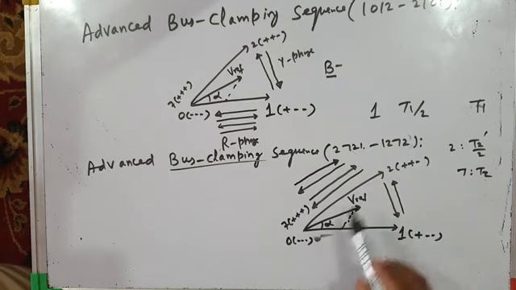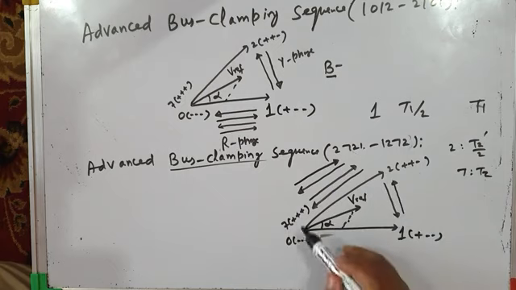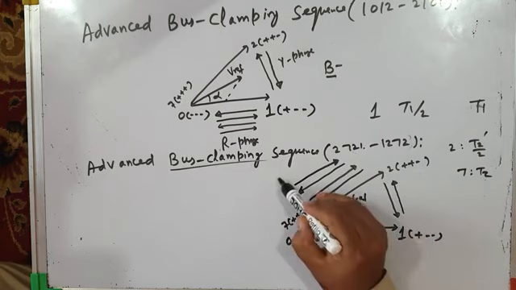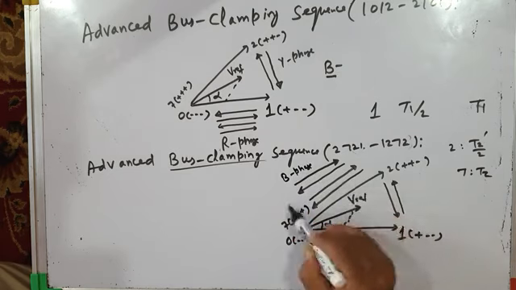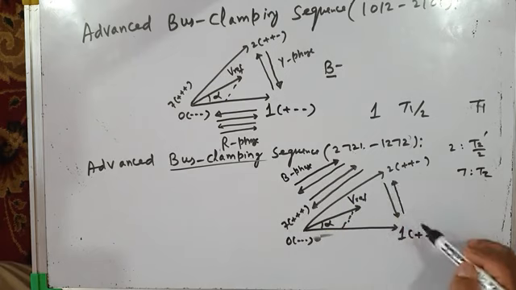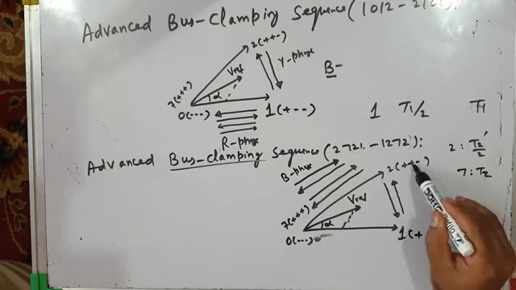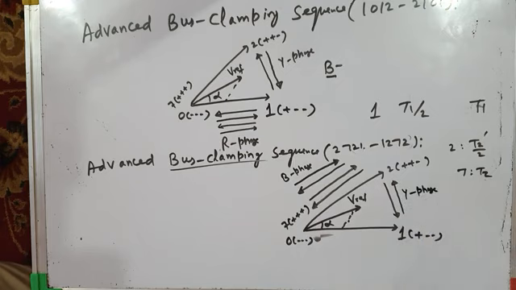Now we can see when we move from 2 to 7 or 7 to 2, which phase switches. B is plus here, B is minus here. So B phase switches and it switches twice like this. And when we move from 2 to 1 or 1 to 2, Y phase switches because Y is plus here, Y is minus here. So Y phase switches. And which phase does not switch? R phase does not switch at all.